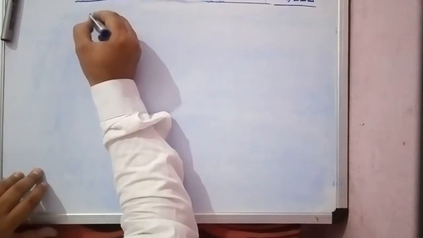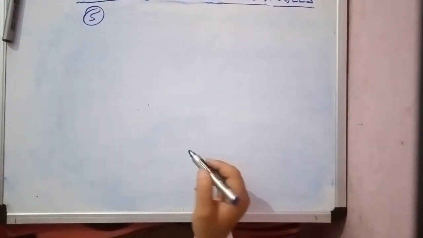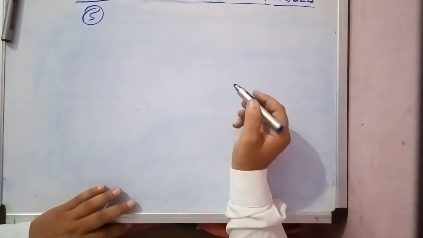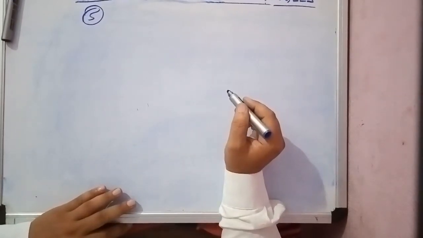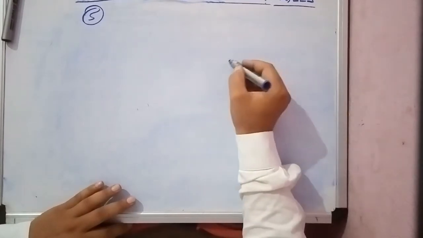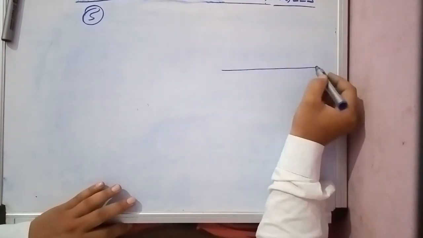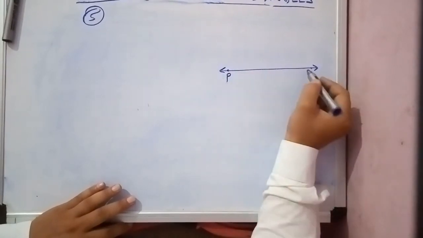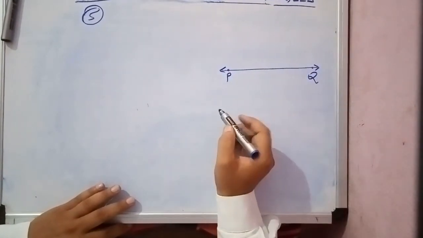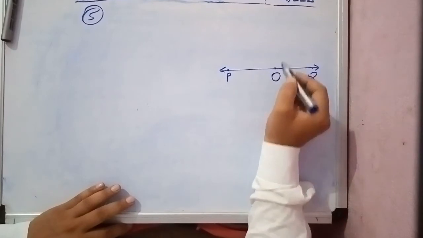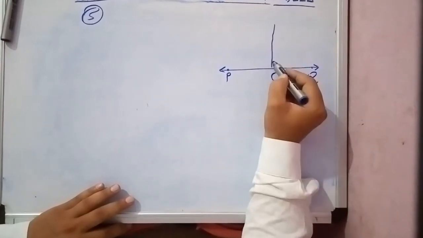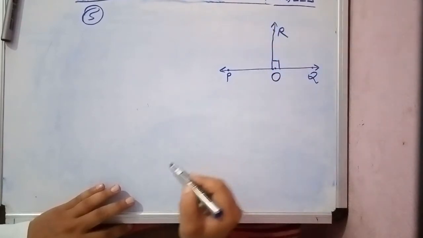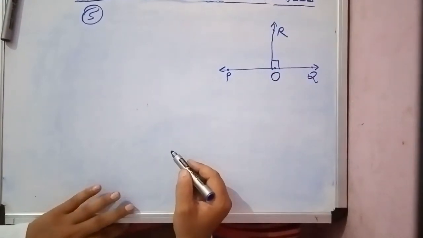In the figure, OR is perpendicular to PQ. PQ is a line here. OR is perpendicular to PQ.